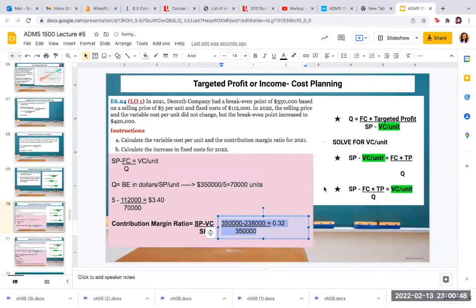Now, you can also find this figure by using the total amounts, okay? So the sales amount of $350,000 minus our variable cost total, which will be the 3.4 times the 70,000, which is 238,000, and you divide that by the sales amount, which will give you the same thing, 0.32.